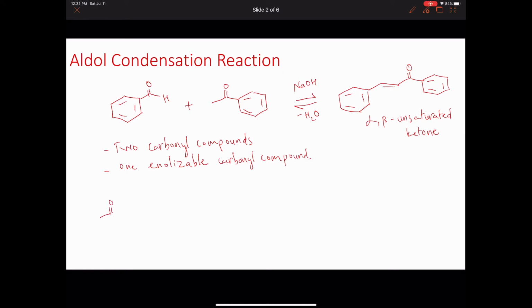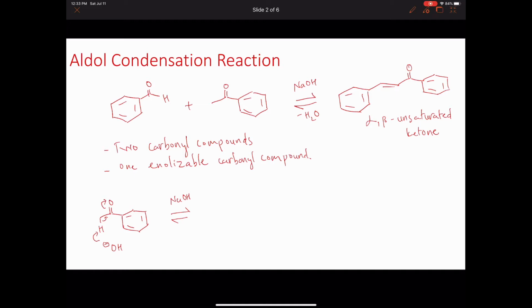So let's take acetophenone as an example. Alright, so we have an alpha hydrogen here. In the presence of a base such as sodium hydroxide, the hydroxide will attack this hydrogen.